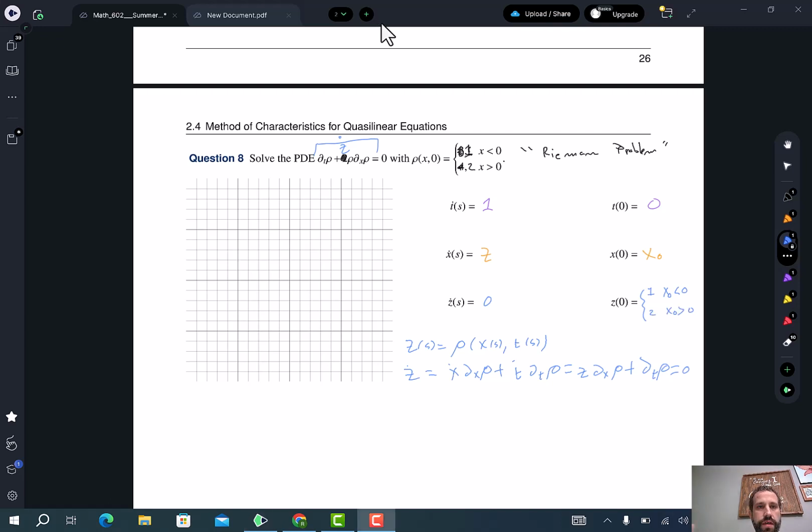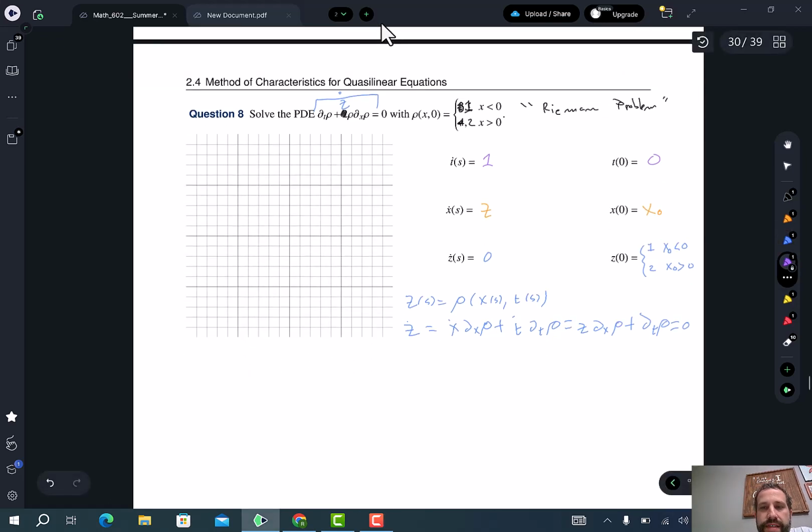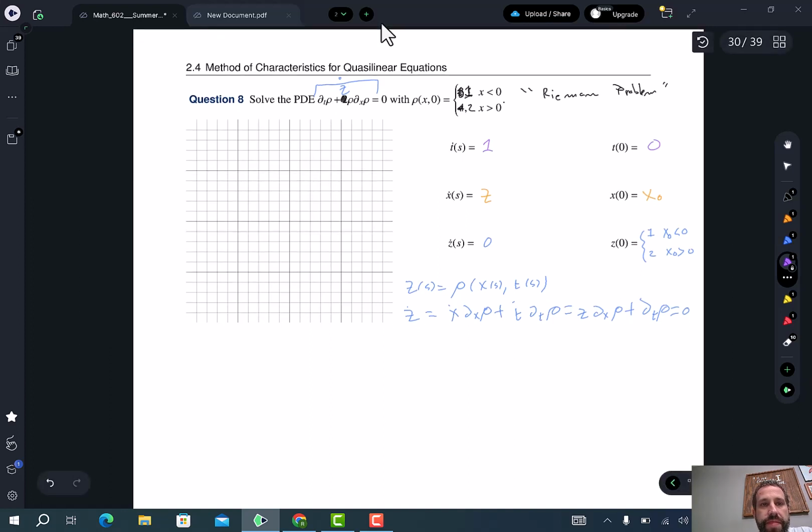Okay, so now notice the big difference here so far is that my equations for t and x involve z. In particular, the equation for x involves z. That's a new thing when we're dealing with quasi-linear equations. So let's just solve what we can. If I look at my t equation, this is going to tell me t of s is equal to s.